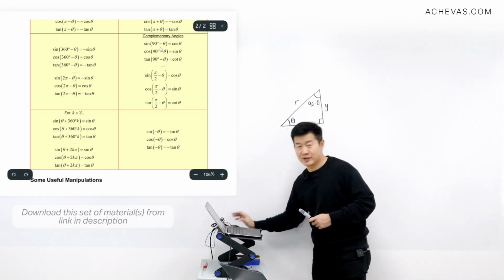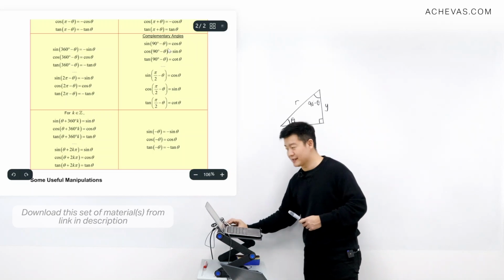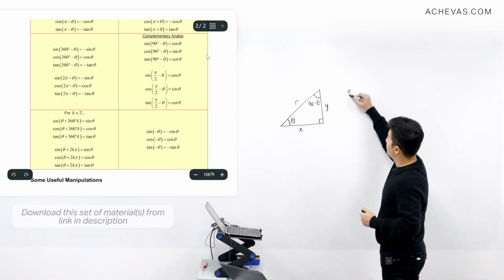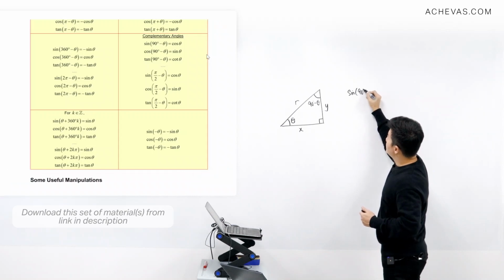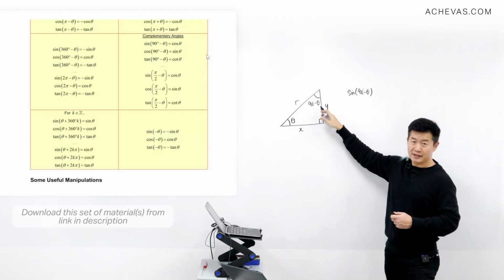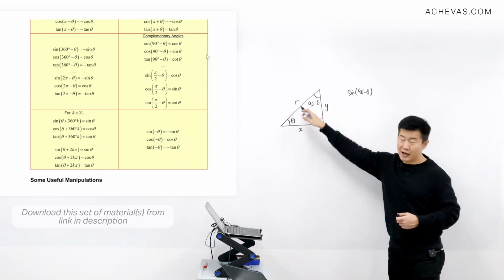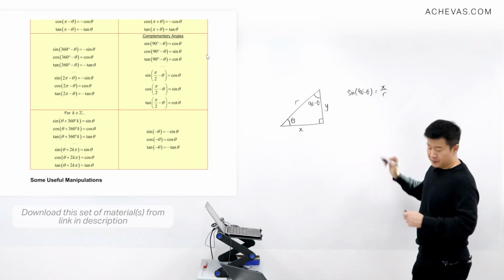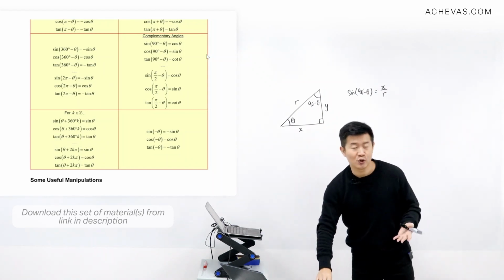So if I were to now look at sine of 90 degrees minus theta, I'm going to prove to you why this is equal to cosine theta. What is sine of 90 degrees minus theta? It is the opposite over the hypotenuse. So this is x over r. And do you know what is also x over r?